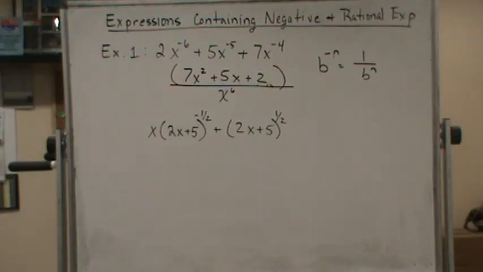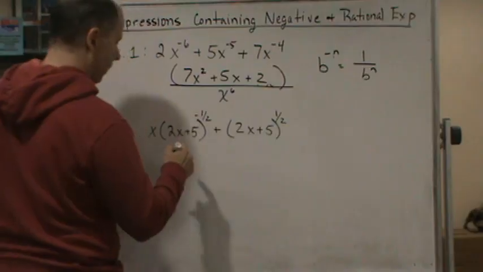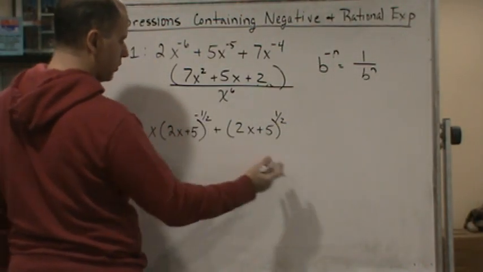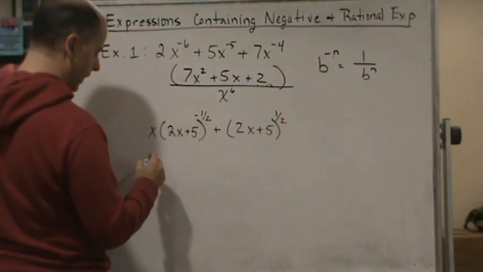So we got a negative 1/2 here, positive 1/2, so this is smaller. So we're going to factor out negative 1/2.